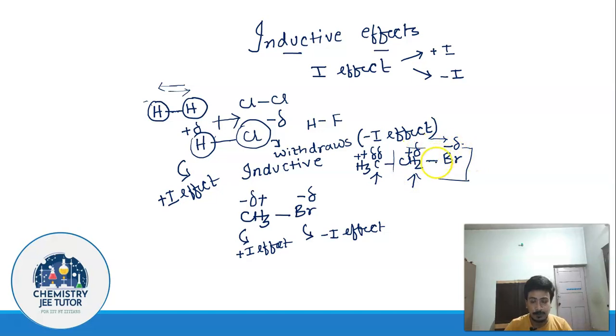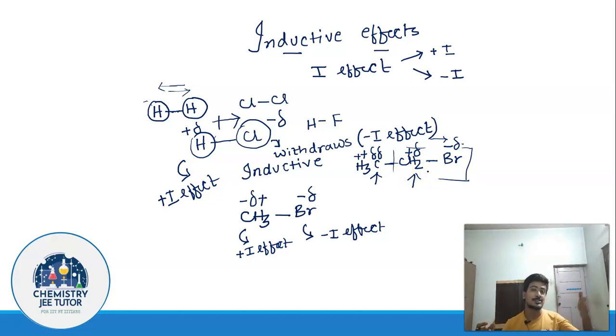Now this bromine, because of its electronegative character, will even withdraw electrons from this bond as well. Since this is farther away from this bond, the magnitude of positive charge over this carbon is definitely going to be less than this carbon. So the one which is adjacent to the electronegative bromine is going to have a more positive character.